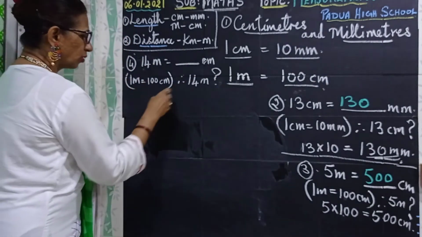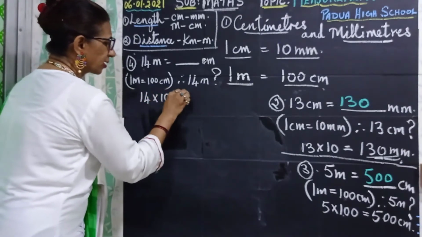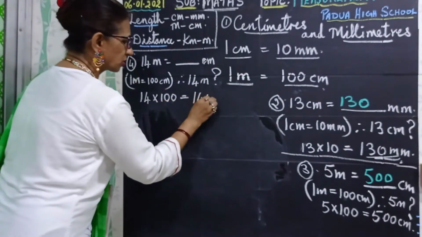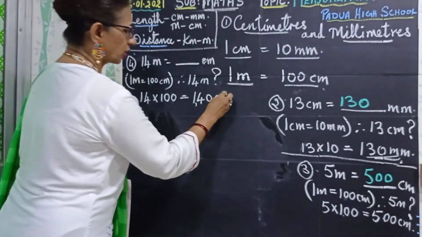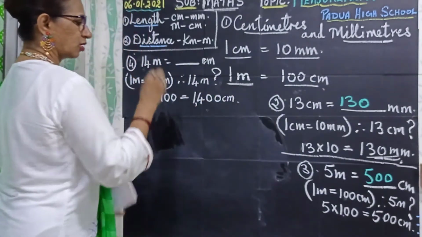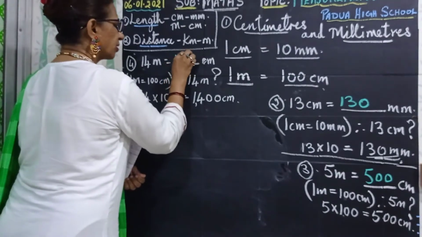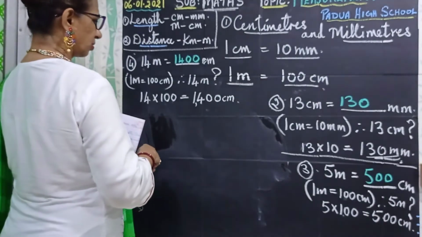So then what do I do? 14 multiplied by 100. So what do I have to do? Nothing. Just write 14 and 2 zeros. So what is it? 1400 centimeters. So my answer is 1400 centimeters. Have you followed, children?